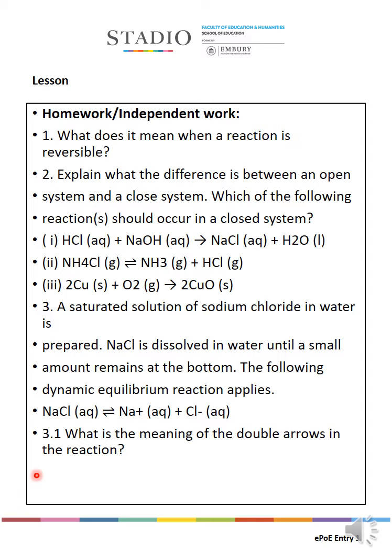Then I need you to explain to me: first, ask yourself which one is the product and which one is the reactant. And also explain the importance of this double arrow. Why this double arrow? What is the meaning of this?